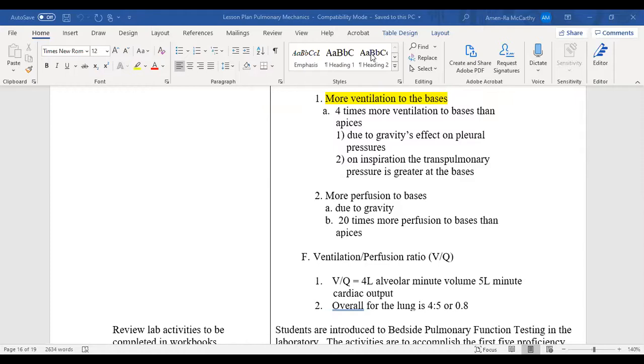And how much more perfusion is at the base than at the top? 20 times. There's 20 times more perfusion to the bases than at the top of the lungs, which is the apices. Okay, so make sure you know that because those will be questions. 4 times more ventilation at the bases than the apices, and 20 times more perfusion at the bases than at the apices.